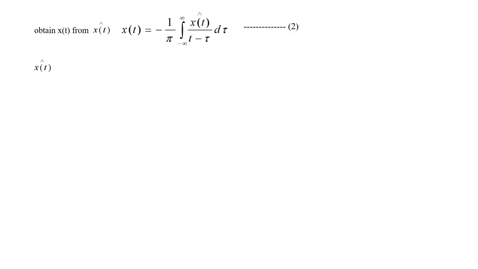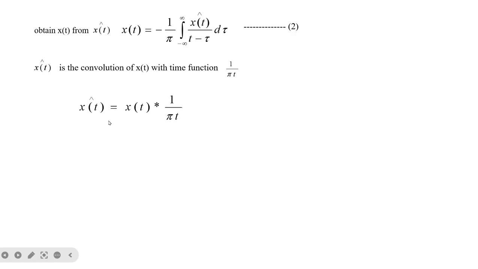Now from the definition of x cap of t, x cap of t is the convolution of x of t with the time function 1 by pi t. So we can write it as x cap of t is equal to convolution of x of t and 1 by pi t. We'll take this as equation 3.